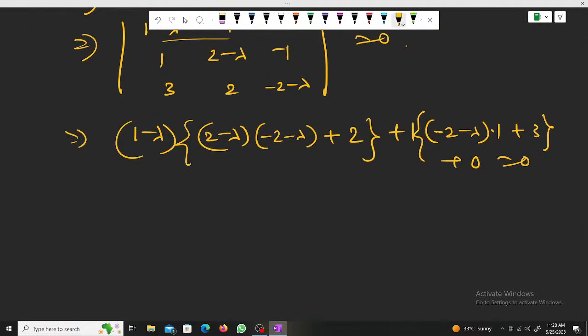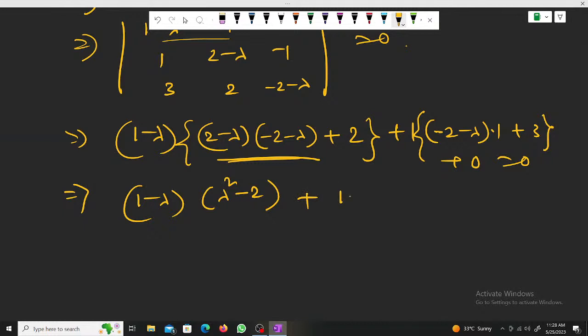Okay, 1 minus lambda into lambda square minus 4, আচ্ছা এটা যদি আমি ক্যালকুলেট করি lambda square minus 4, এখানে মাইনাস মাইনাস আছে তার মানে lambda square minus 4 plus 2 মানে minus 2, plus 1 minus lambda is equal to 0.